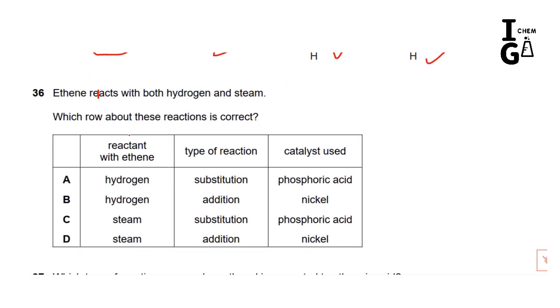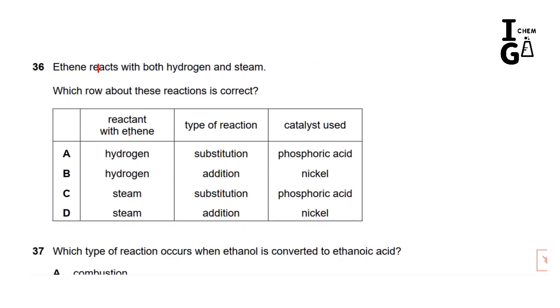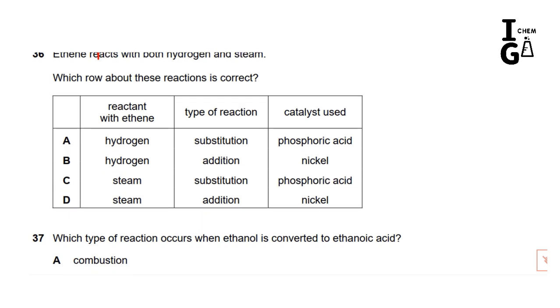36. Here we have ethene reacts with both hydrogen and steam. Which row about these reactions is correct? Reactant with ethene. Okay, and here's the type of the reaction and then catalysts. So first of all, this is hydrogen substitute. Of course, substitution is wrong. Here, guys, take care. This is ethene. Ethene is an alkene. Alkene means a double bond between carbon and carbon, as you know.